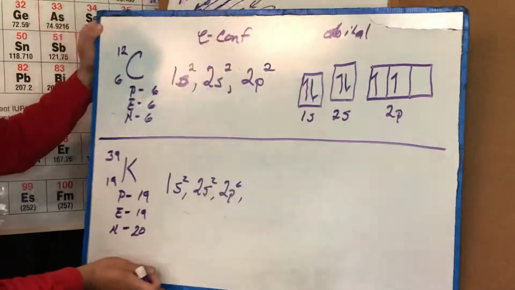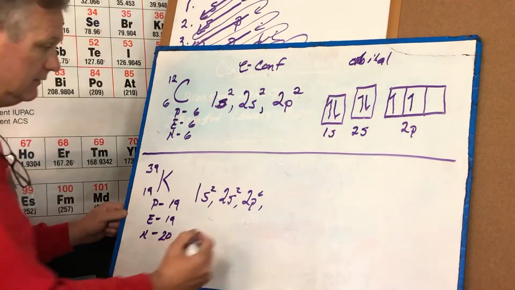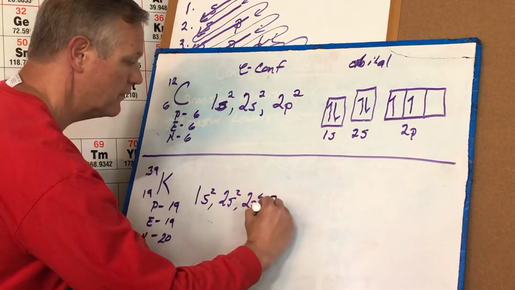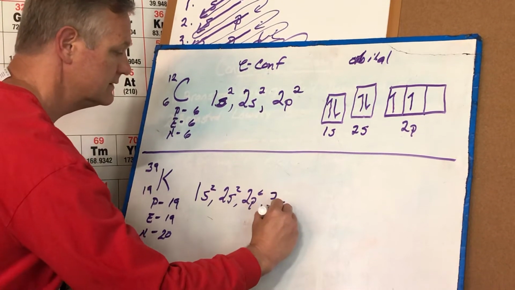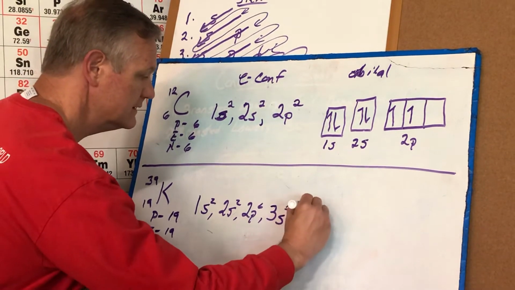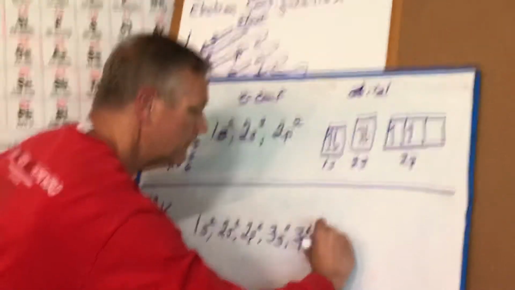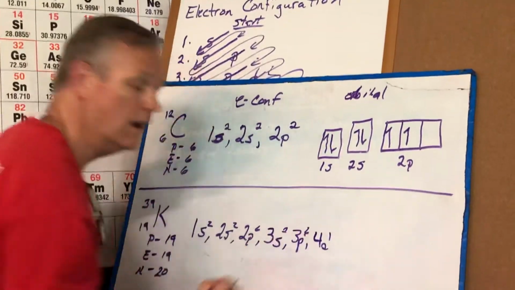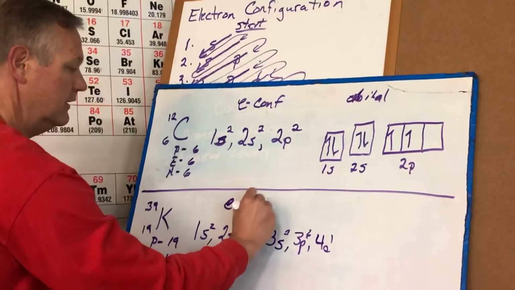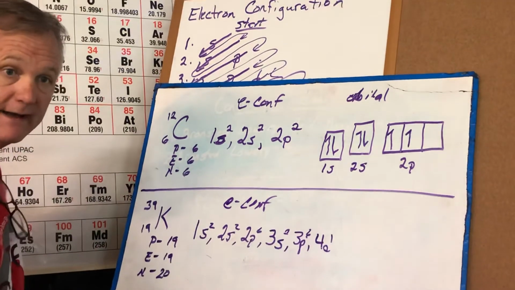So I'm going to come back over, and I'm going to say, okay, I've got 10. I still need 9 more. So after the 2p is going to be 3s2, 3p6. So that's a total of 18, and then 4s1. So that's going to be my electron configuration for potassium. And if you notice, it has 1 valence electron.